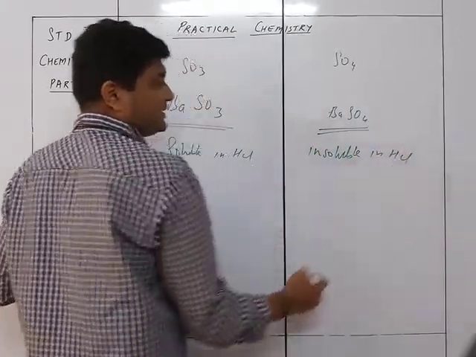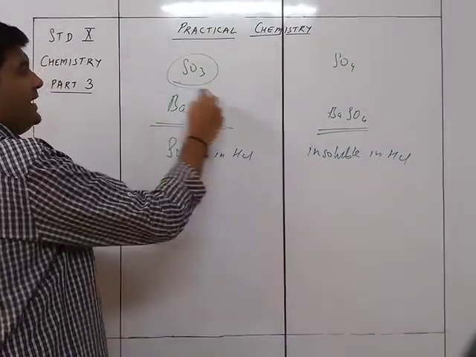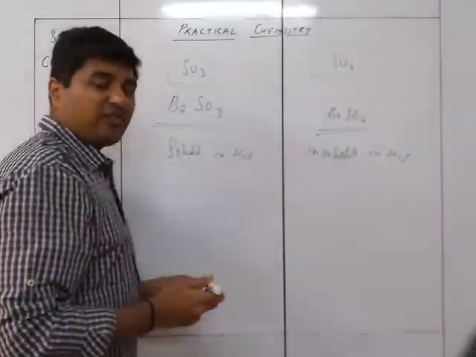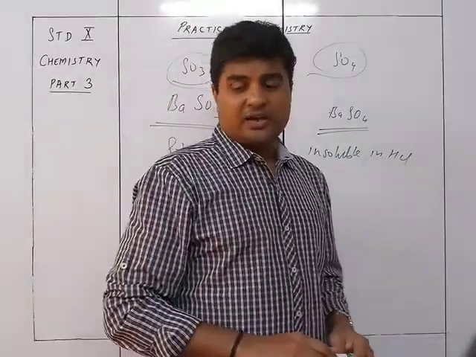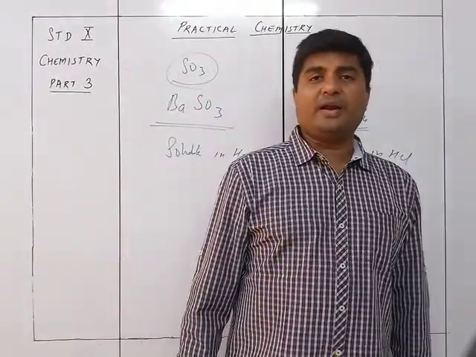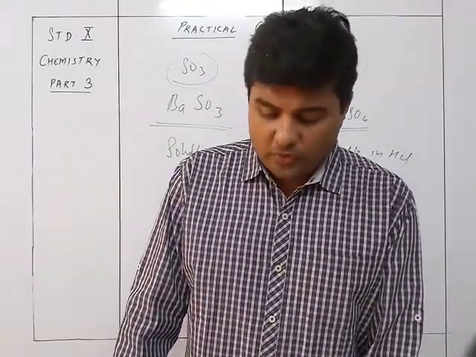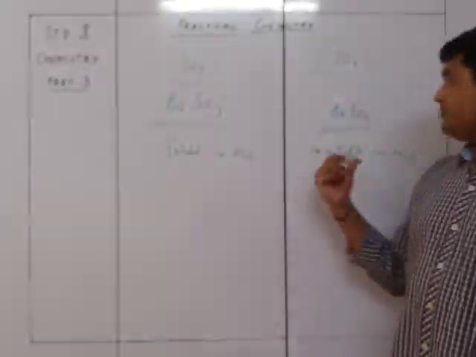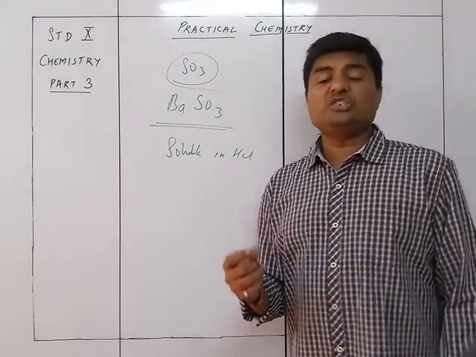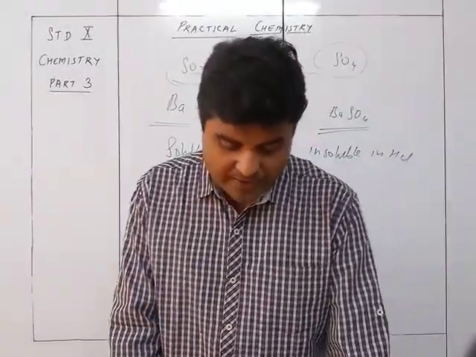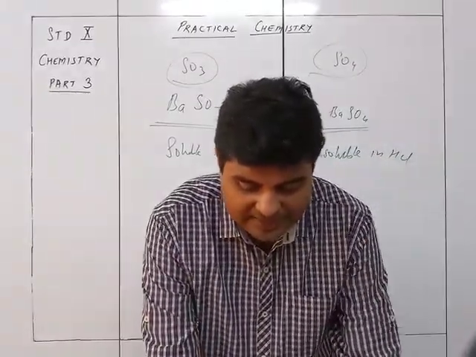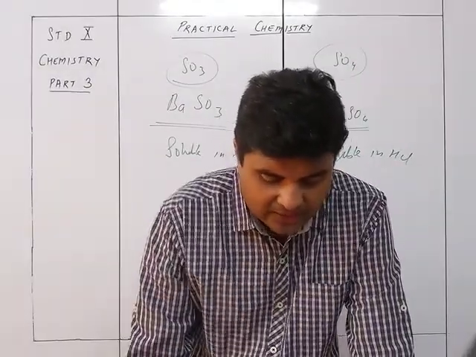So this is the main difference for how to identify between a sulfite and a sulfate. If you are using barium chloride or barium nitrate, it is going to give you barium sulfate, which will be insoluble in HCl. So a white precipitate is formed which is insoluble in dilute HCl.